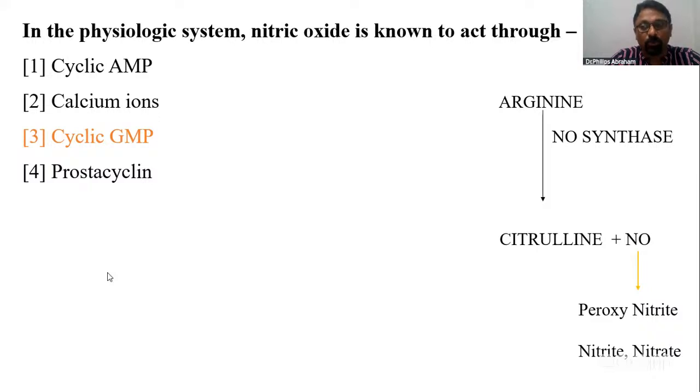Because of these two things, we always measure endothelial function by finding out the level of nitric oxide. The endothelium helps in vasodilation and platelet adhesion inhibition. So these are two functions of nitric oxide.